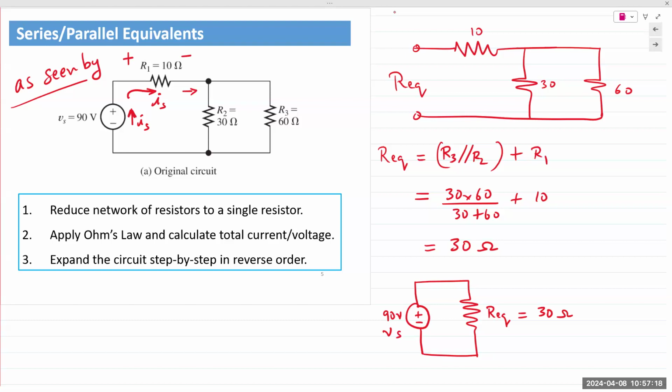When the current goes through IS, through R1, hits the junction, it splits. Logical pathway is going down. Point of entry is again plus. Point of exit is minus. And because R2 and R3 are in parallel, the voltage across the two must be the same. So the same signs, plus and minus, apply to R2 and they apply to R3.